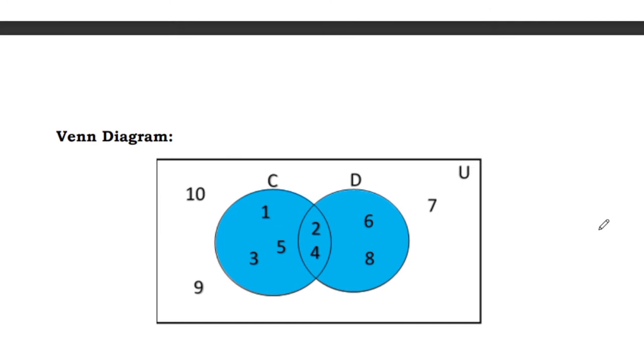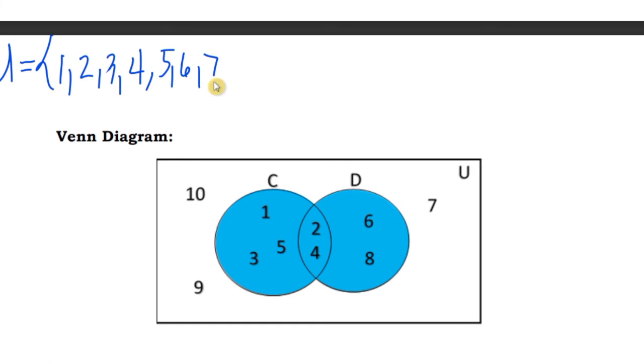So in this given Venn diagram, let's write this one first. The universal set that we have is equal to the set of 1 2 3 4 5 6 7 8 9 10.